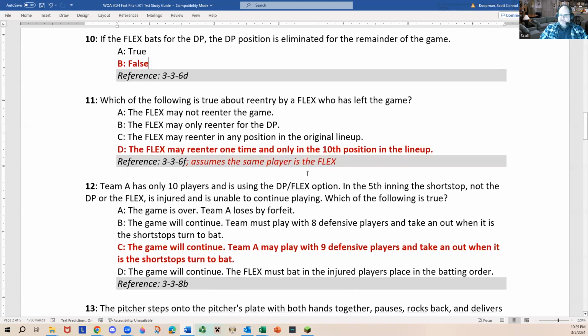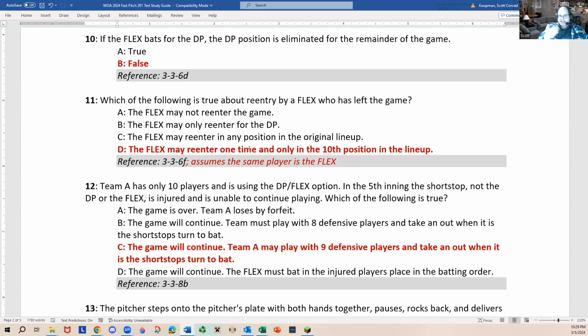Question 11, which of the following is true about re-entry by a flex who has left the game? Again, I don't like this question because there are some details missing. However, what is true is that the flex may re-enter one time and only in the 10th position in the lineup. Well, the reason that that is true is, anytime somebody leaves the game, once they leave the first time, they can be re-entered once.